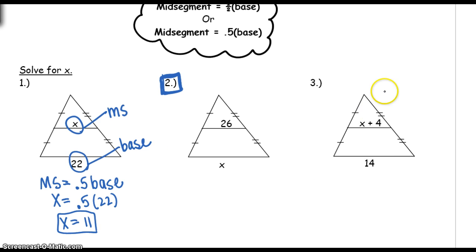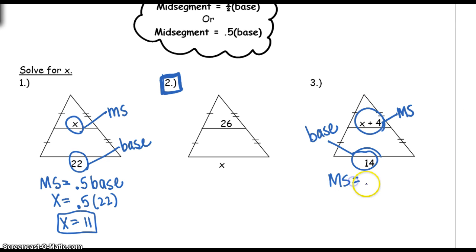Let's look at this last problem. This is our midsegment, and this is our base. And we know that the midsegment is 1/2 of the base. So MS equals 0.5 times the base. Our midsegment in this picture is not just a letter, it's a number and a letter. It's an expression.